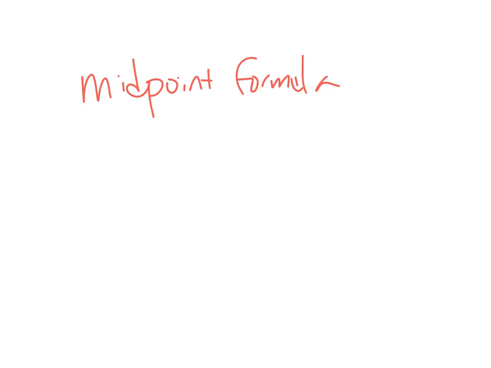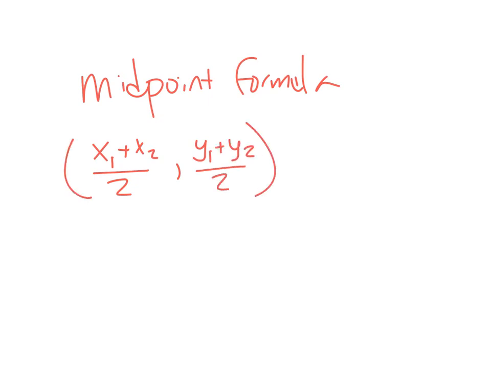Okay, remember it's x1 plus x2 divided by 2, and then the y1 plus y2 divided by 2. So that's how you find your midpoint. Okay, and again, we're dealing with variables. So the midpoint of this would be, you would say 0 plus k divided by 2 for the x's.